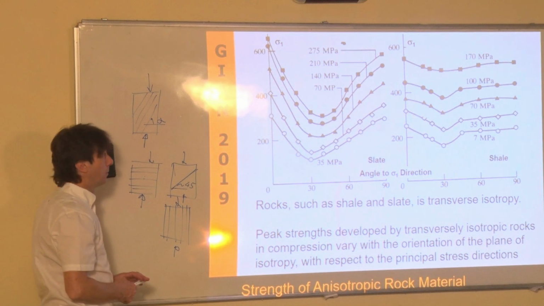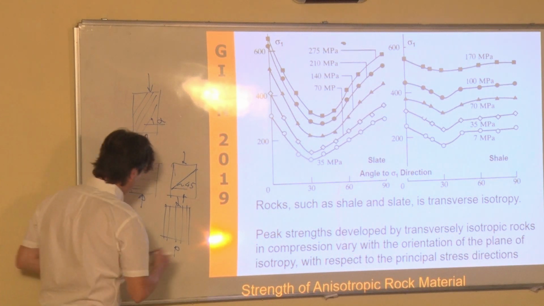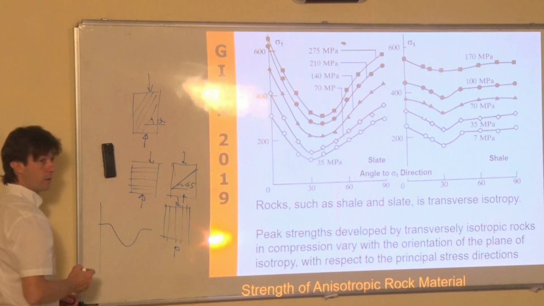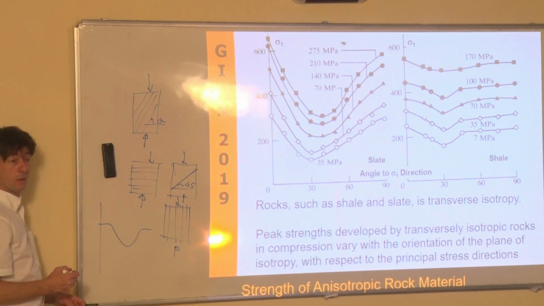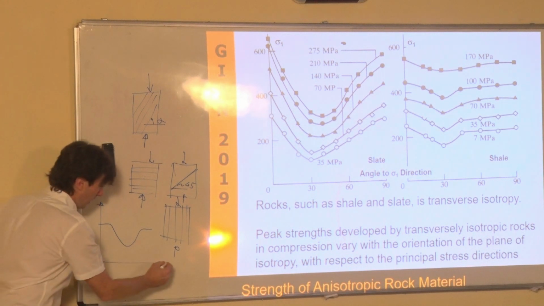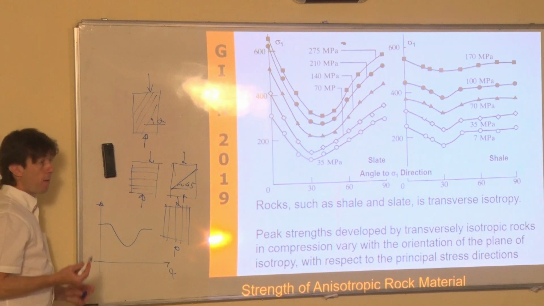But what is important, as a first approximation, you can assume this is the same. And what we can assume is that you have this type of strength distribution as a function of your angle. Okay? So what does it mean?